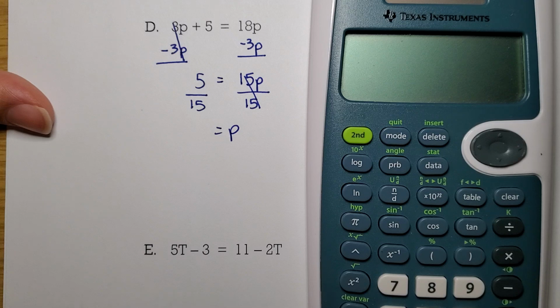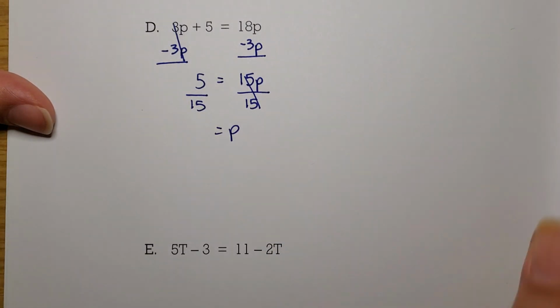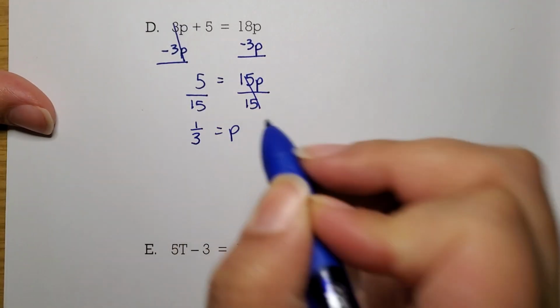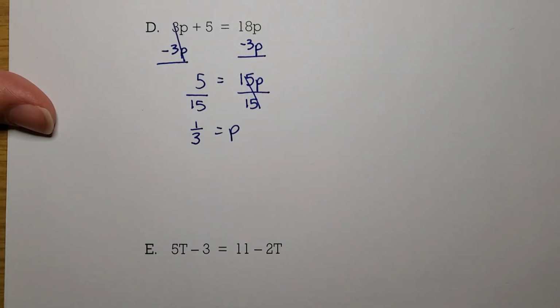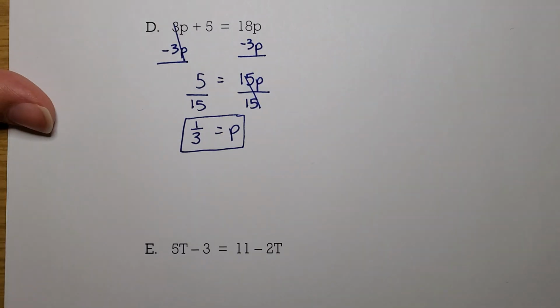Ta-da! 0.3 repeating. Let's change that to a fraction. 1/3. Okay. So I get 1/3 for p. If it was a nice decimal like 0.2, I probably would have just left it as 0.2. But since we got a fraction, let's keep it as a fraction.